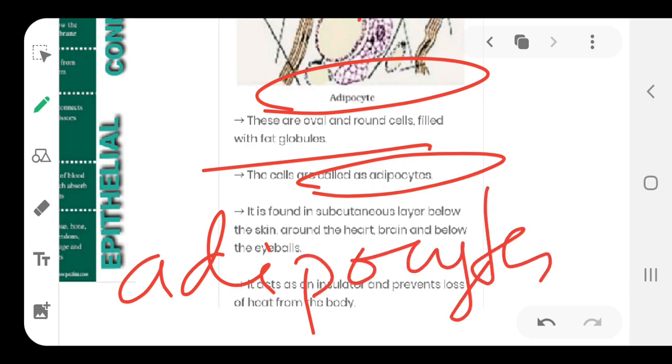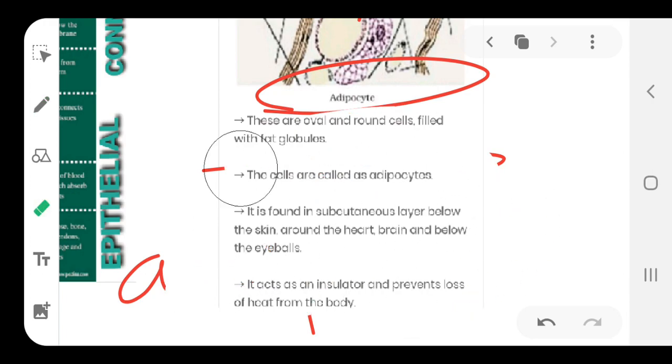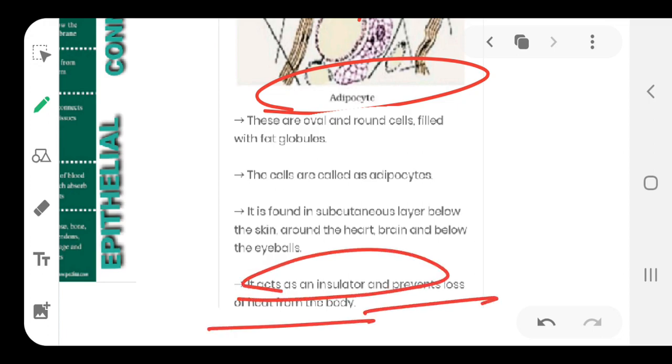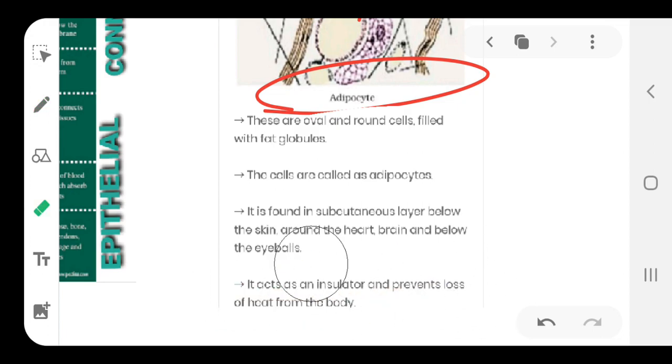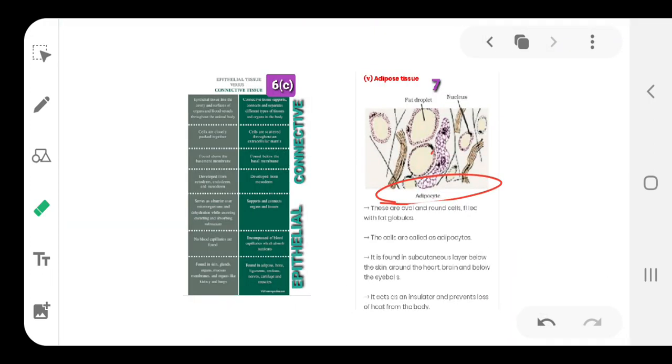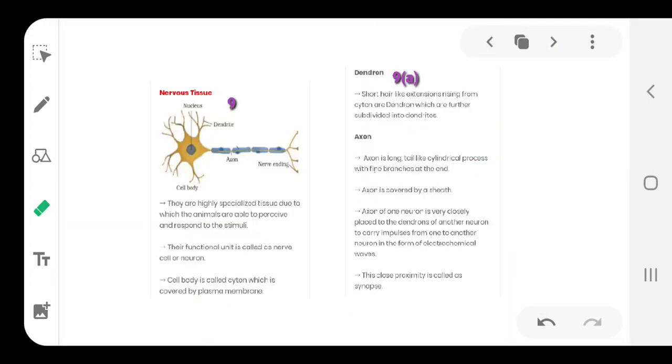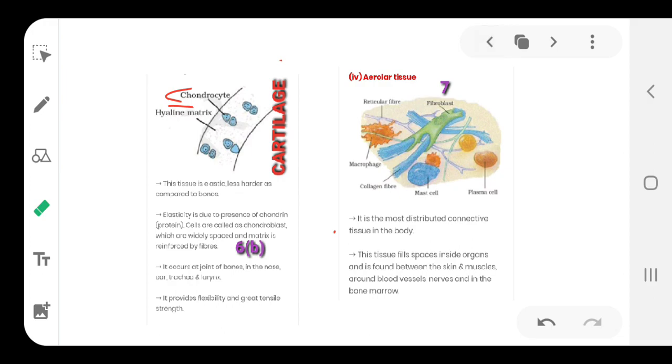Okay, so they are referred to as adipocytes, and they are found beneath your skin, called subcutaneous, below the skin, and their main function is that they act as an insulator and prevent the loss of heat. Okay, so they act as an insulator and protect our body against heat loss. So after areolar tissue, we have adipose tissue.